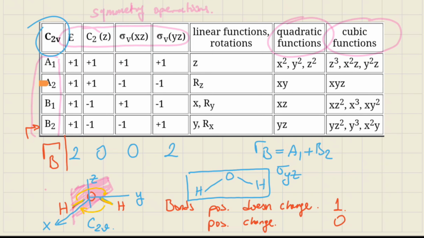Since if you add them up, 1 plus 1 is 2, 1 minus 1 is 0, 1 minus 1 is 0, 1 plus 1 is 2. And this is equal to A1 plus B2. So what you learned is that reducible representations can be written by using irreducible representations.